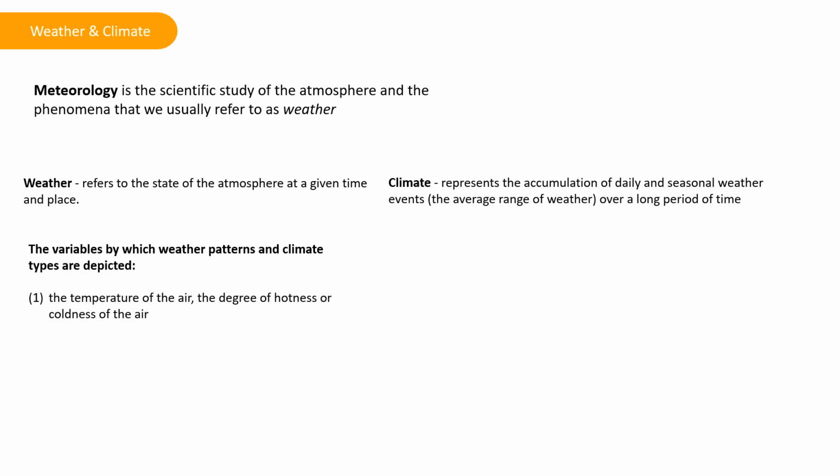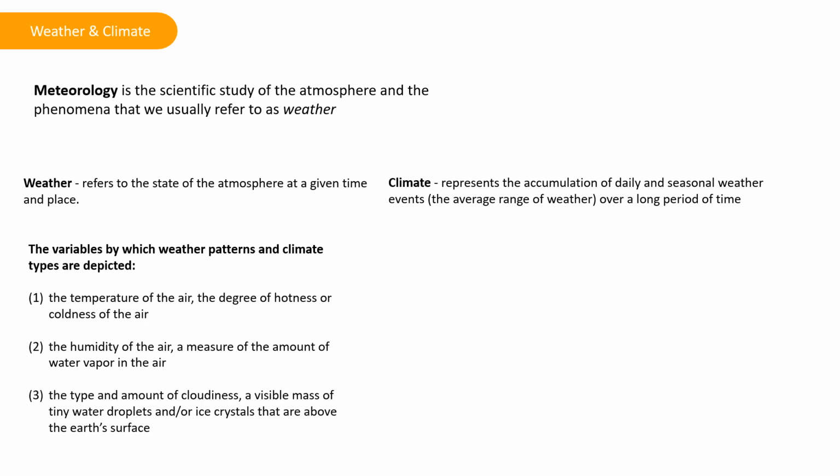The temperature of the air is the degree of hotness or coldness of the air. Another variable is the humidity of the air. This is a measure of the amount of vapor in the air, as we've mentioned.